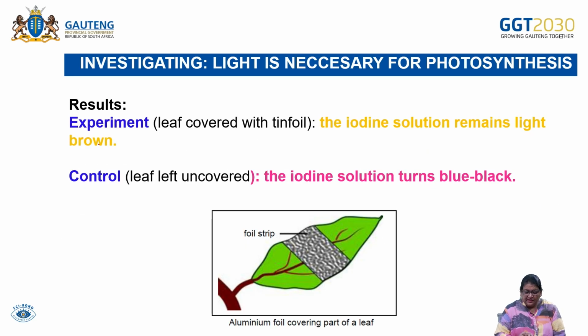The results: the experiment leaf that was covered with tin foil, with no light, the iodine solution remained light brown, and in the control, the leaf that was left uncovered, the iodine solution turns blue-black. So that part's going to be blue-black, and that one's going to be yellow-brown.